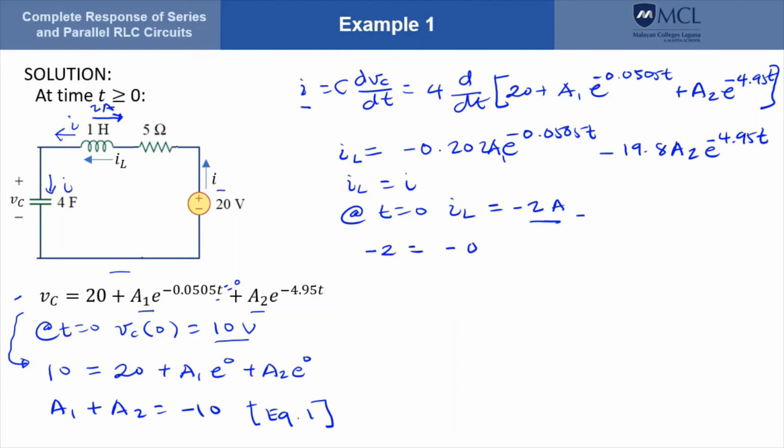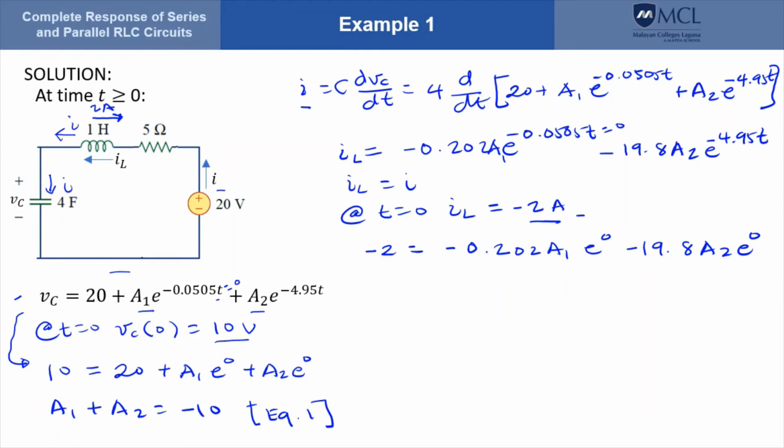So we can use this initial condition and write negative 2 equals negative 0.202 A1 e to the 0, again because t here is equal to 0, minus 19.8 A2 e to the 0.